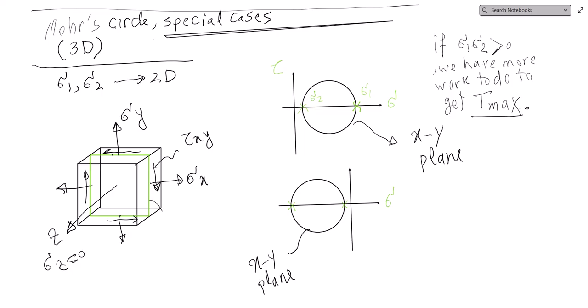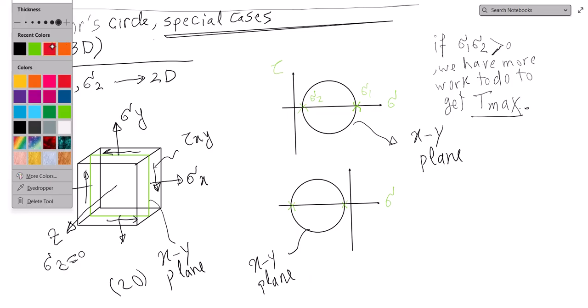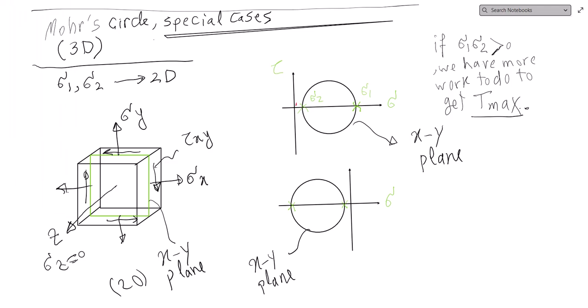Which is the green one. This is my xy plane, 2D. But here, when we have these special cases, there is a very special point that we need to bring into calculation, and that is the 0, because this is sigma z equal to 0 in the direction of the z-axis.